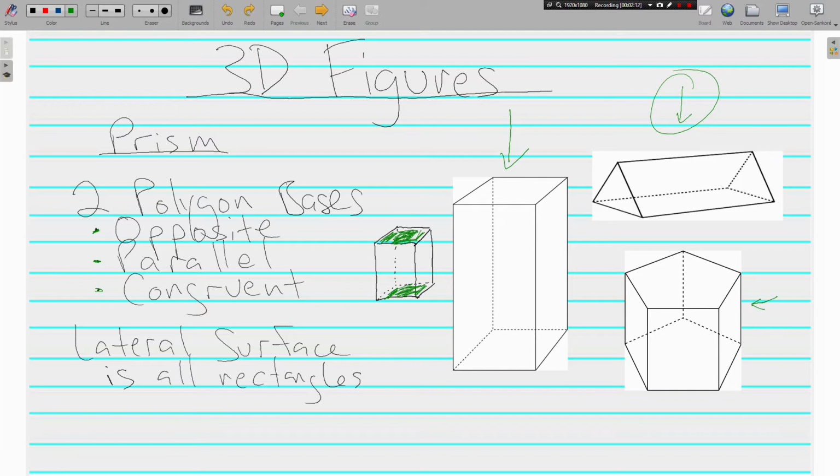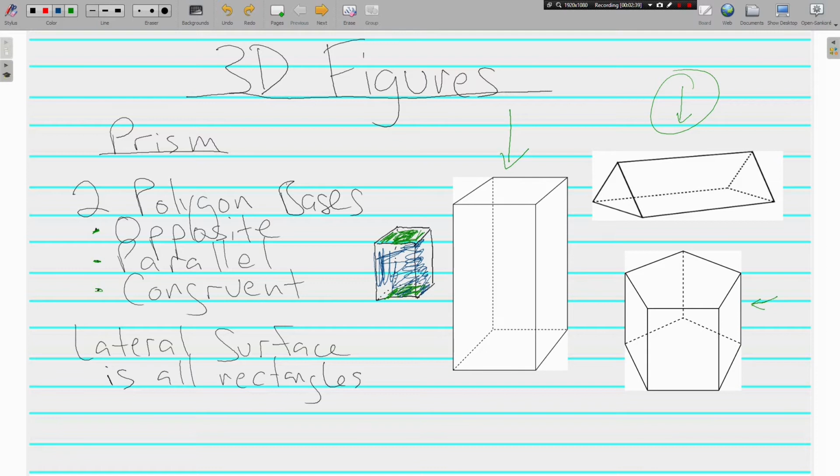The other thing I want you to know is that the part of the prism that is not the bases is called the lateral surface. If the top and the bottom are the bases, then all the rest of it, the right side, the back side, the left side, and the front side, would all be the lateral surface.